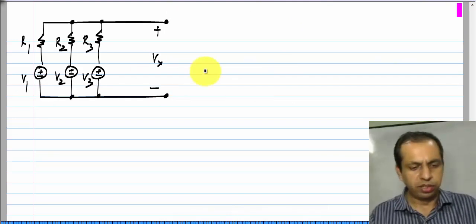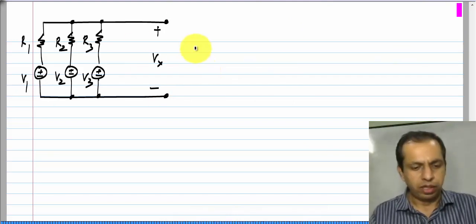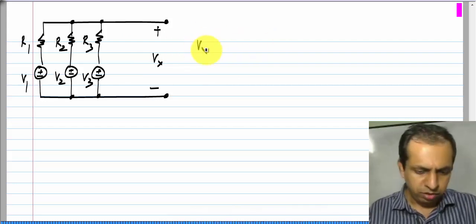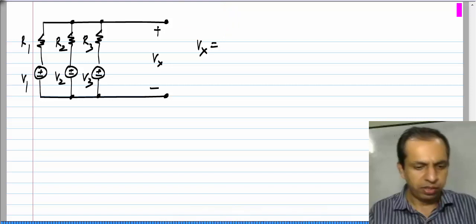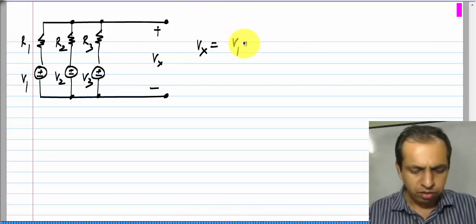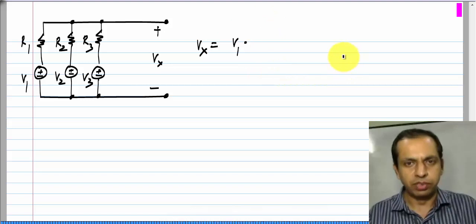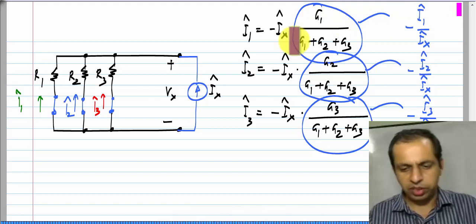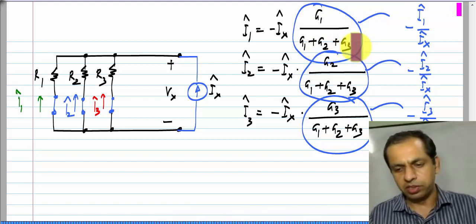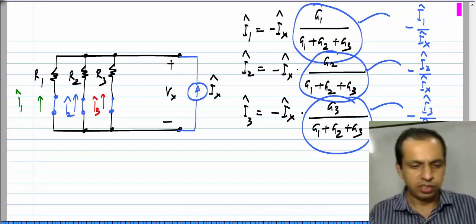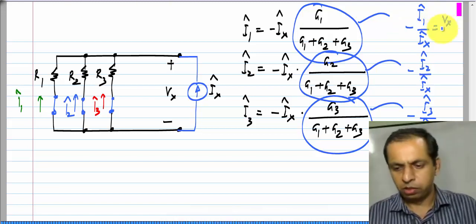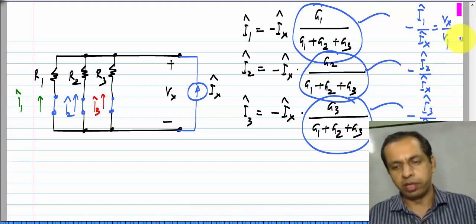So, in my original circuit now, okay, I have got to do superposition, and that is quite easy. V x is simply contribution from V 1, which is V 1 times the ratio which I wanted, and that ratio is nothing but G 1 by G 1 plus G 2 plus G 3, okay, because this minus I 1 hat by I x hat is nothing but V x by V 1 when V 1 is acting by itself.